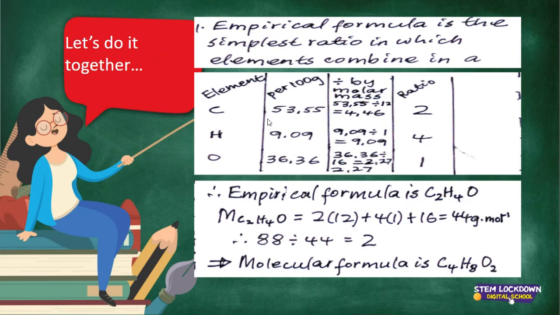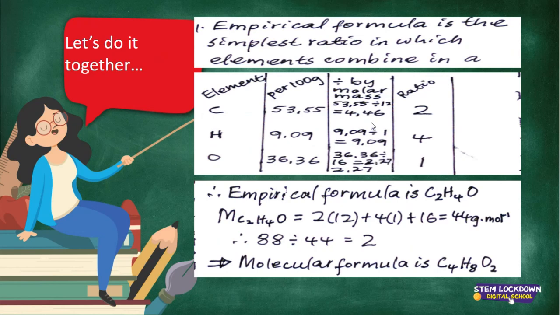53.55 divided by 12, which is the molar mass of carbon, will give you 4.46, and then 9.09 divided by 1 will be 9.09, and the oxygen 36.36 divided by 16 will be 2.27.